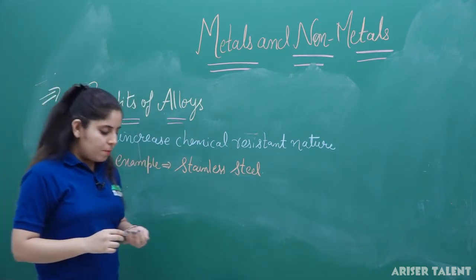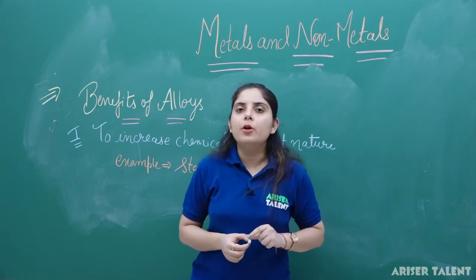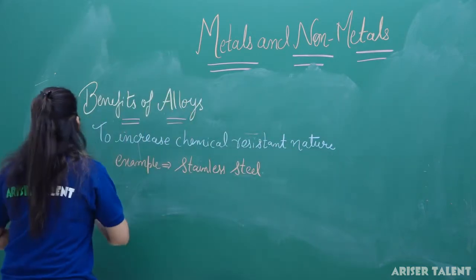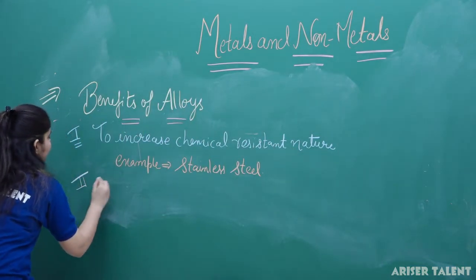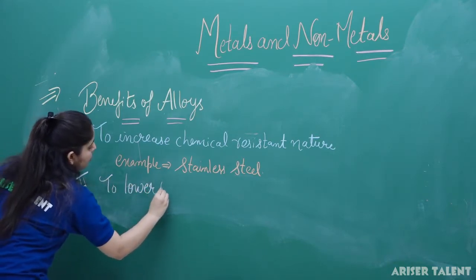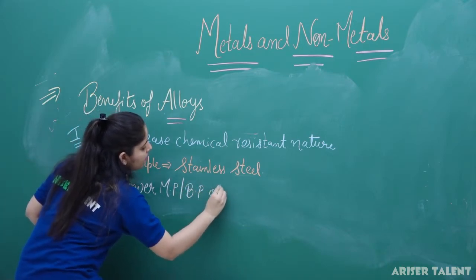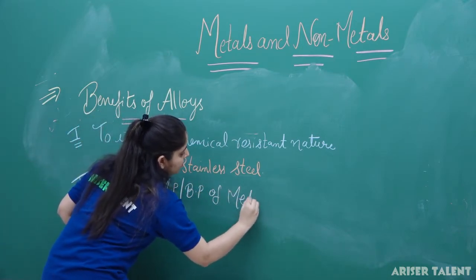The second benefit of making alloys is that it helps in lowering the melting point of a substance, melting or boiling point. So the second advantage is to lower the melting point and boiling point of metal.